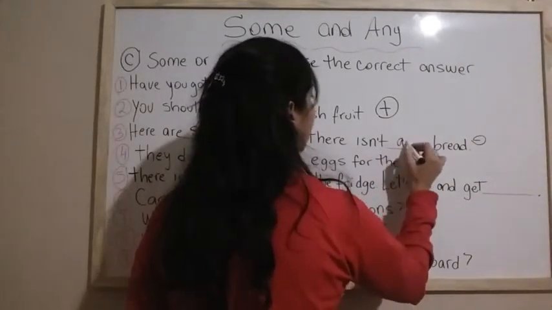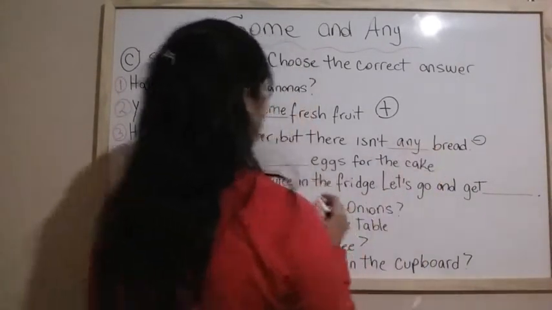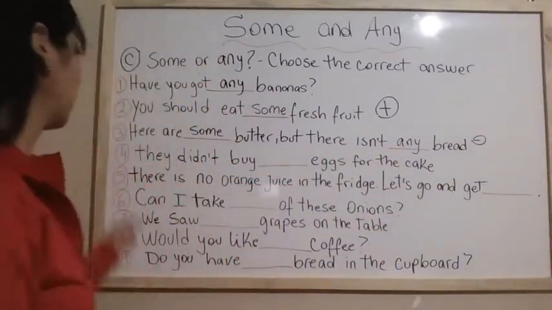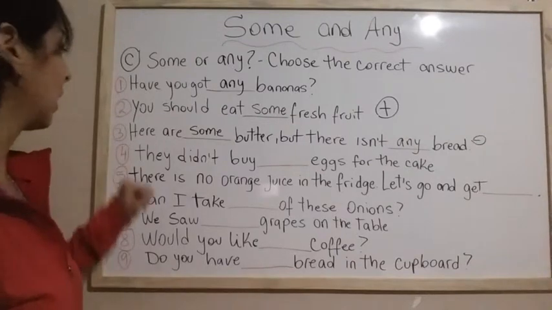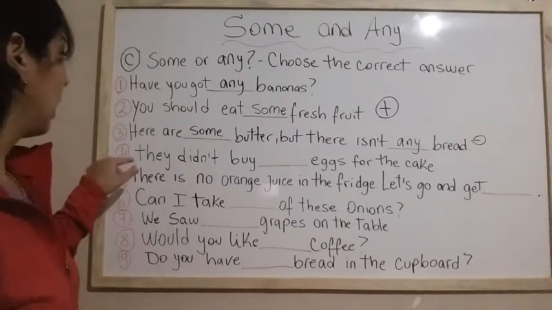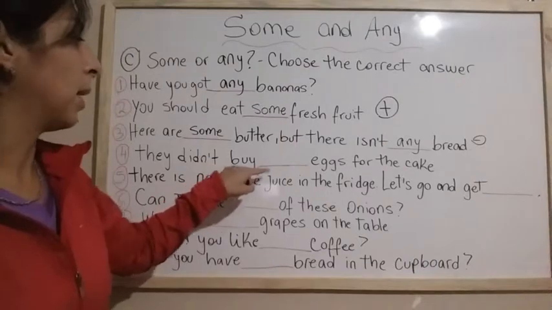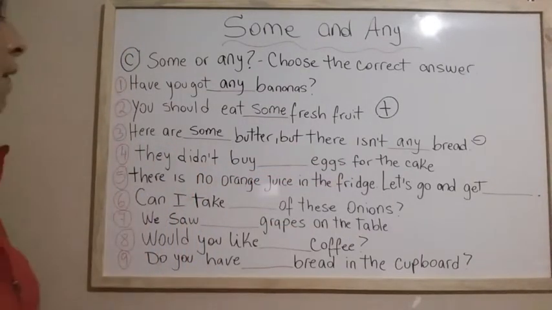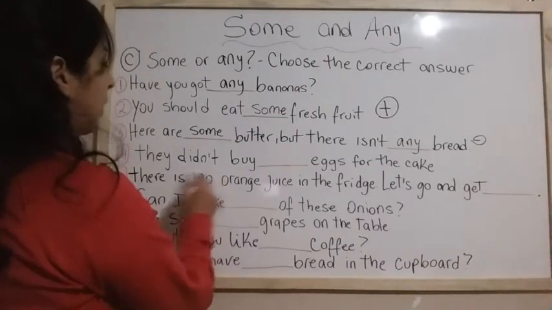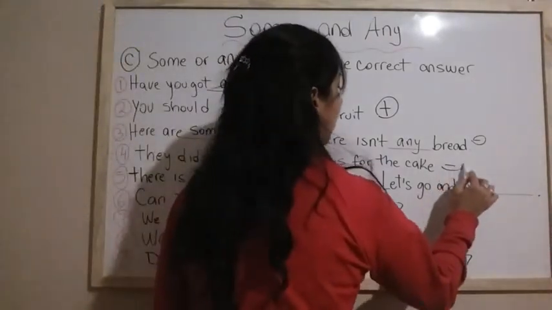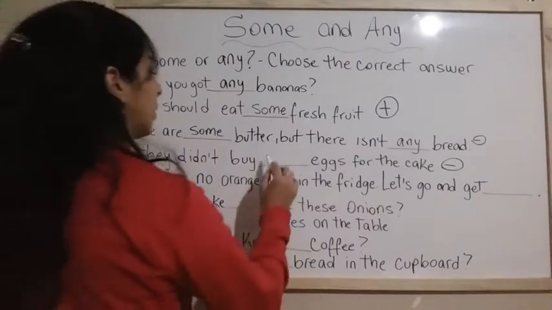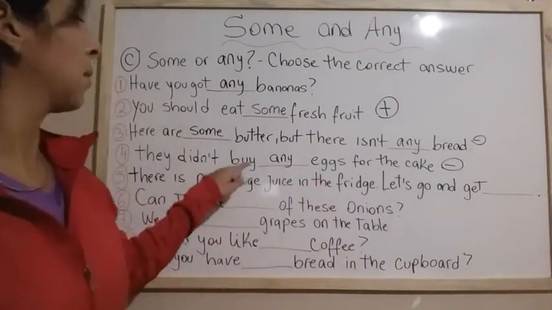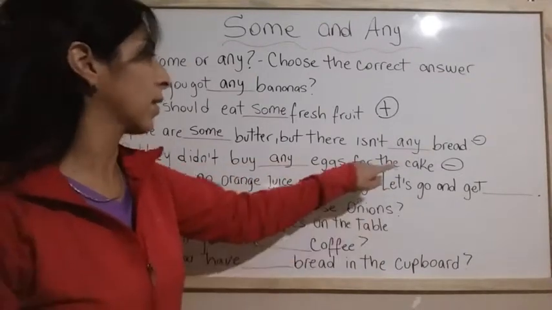So we have to write any. There isn't any bread, okay? The fourth sentence. They didn't buy blah blah blah eggs for the cake. In this case, we have a negative sentence. Okay? We have to write any. They didn't buy any eggs for the cake.